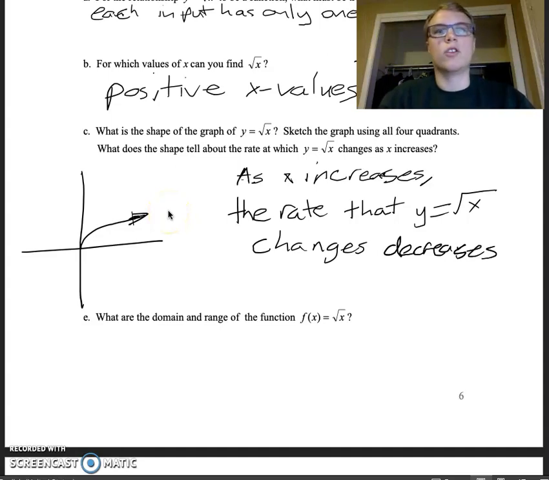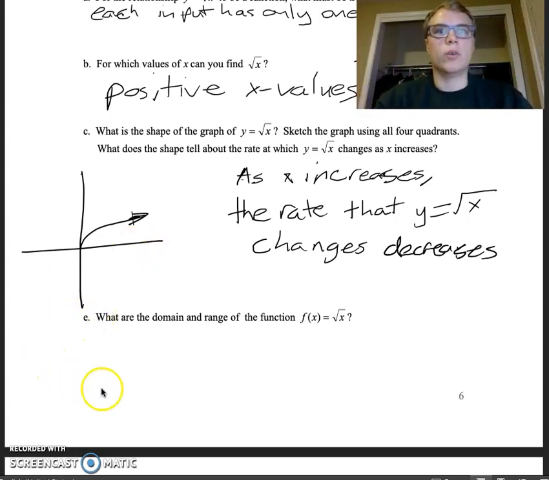If you look from the square root of 0 to the square root of 1, you get from 0 to 1, which is 1. But if you go from the square root of 1 to the square root of 4, you're going more x values, but you're only increasing by 1, which is the same. So that's how you get that the rate actually decreases.